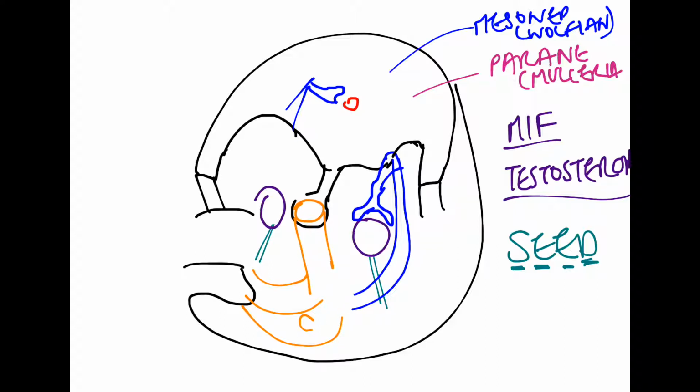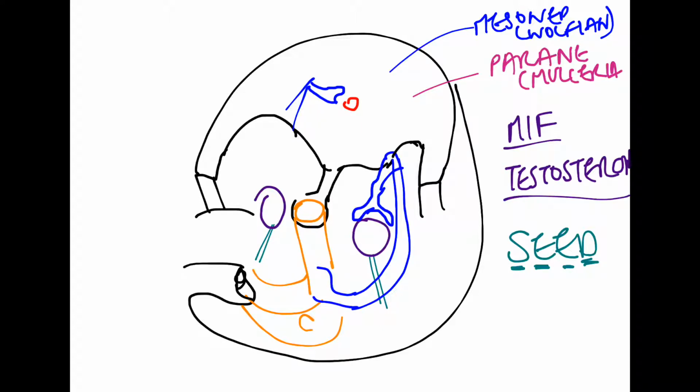Okay, and then the vas deferens will drain into the urethra, so this area here will be the urethra, and obviously on the outside we have our genital structures forming similarly to the female.